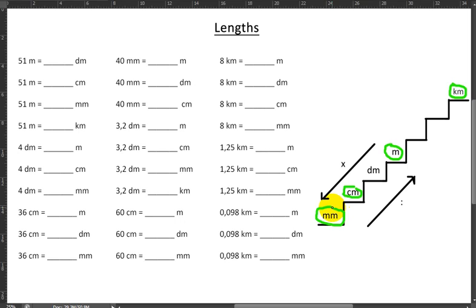A kilometer is what we use to measure distances, for example, between cities, between countries, so great distances. 1 kilometer has 1,000 meters, and that is the reason why it is 3 steps up from the meters, because if I have 3 kilometers, that is 3,000 meters.